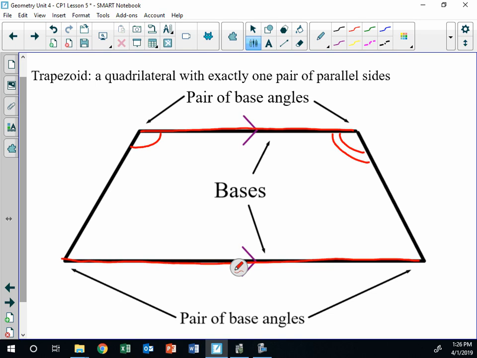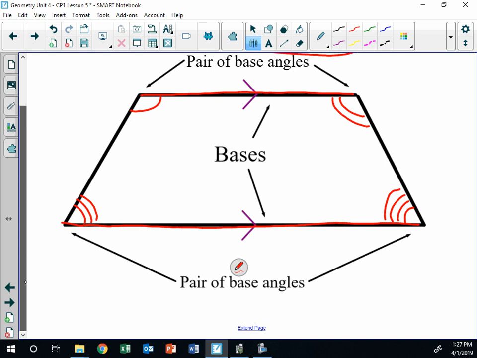It might look like they're equal in this picture, but we'll have to try to prove that they're equal based on some other factors. And then we've got the base angles at the bottom. So we have a pair of upper base angles and a pair of lower base angles. But the important part about a trapezoid: only one pair of parallel sides.